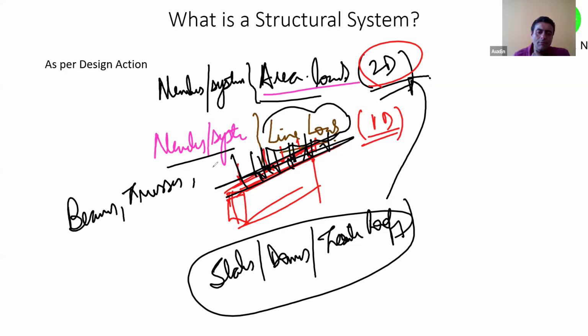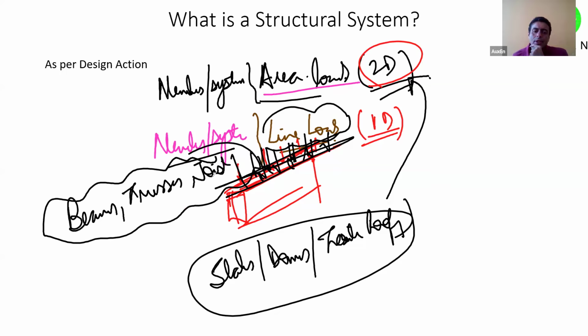What other examples come to your mind? So beams or trusses, or closely spaced one-direction beams, which are called joists. So these can be different elements which take the loads only along one direction, or even my columns, because columns are also taking the majority of loads along one direction, that is their axial direction.